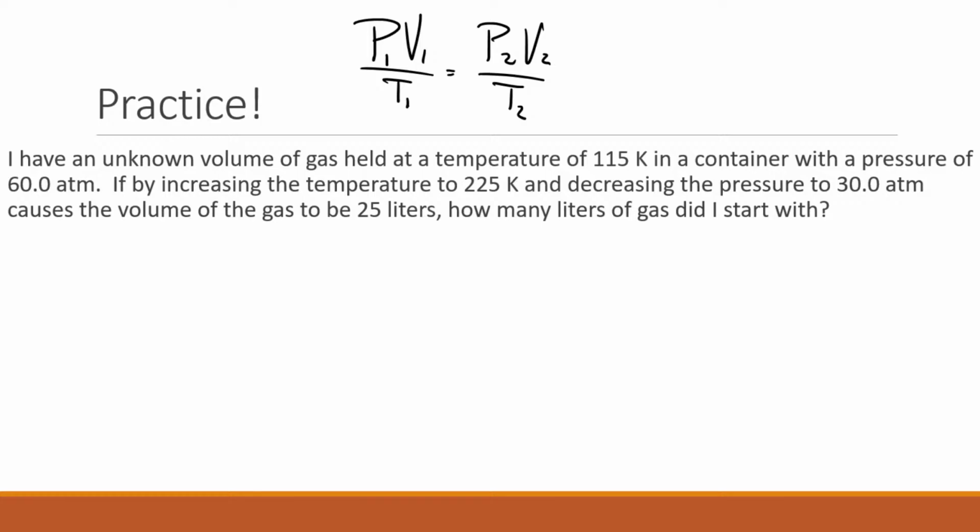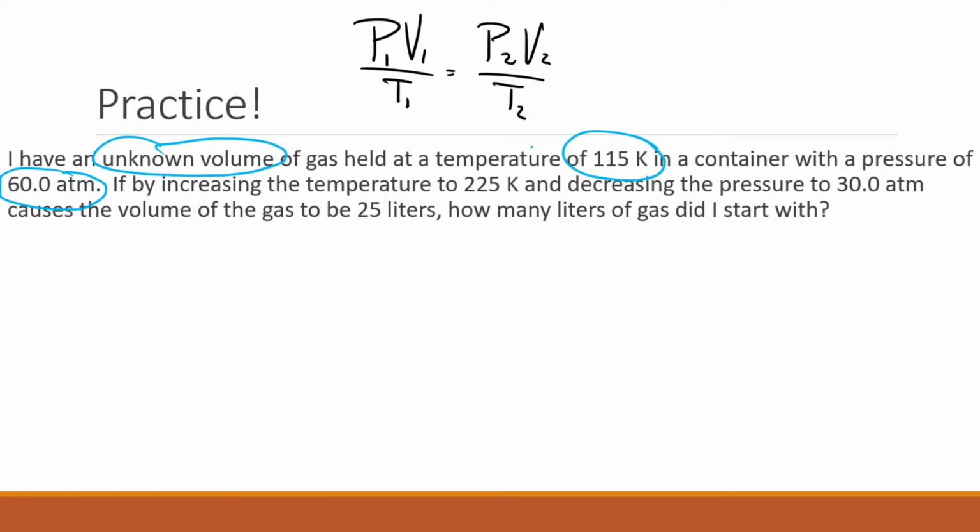Let's take a look at this problem. What numbers have they given us? Right, if we look, and I'm going to change my font to something a little lighter, they gave us 115 Kelvin, 60 atmospheres, and in the same sentence, no less. And they also told us an unknown volume.